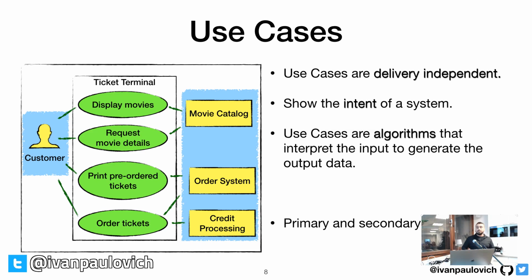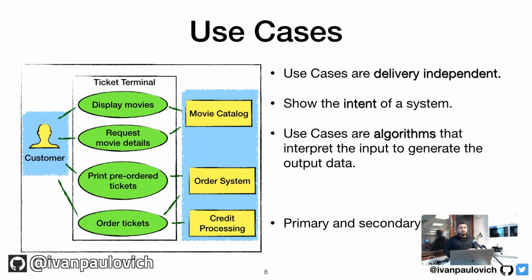Application use cases have this structure, if you look at this description, which is the first description that I'm showing to you: a ticket terminal that has a few use cases: display movies, request movie details, print, order ticket. So there is a customer that interacts with these use cases, and these use cases affect secondary adapters.